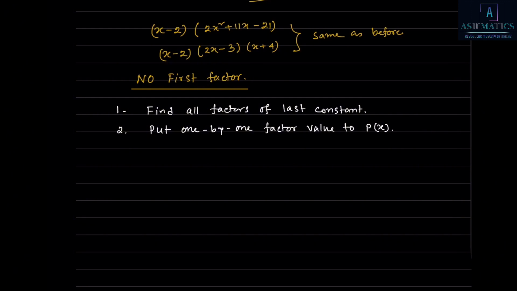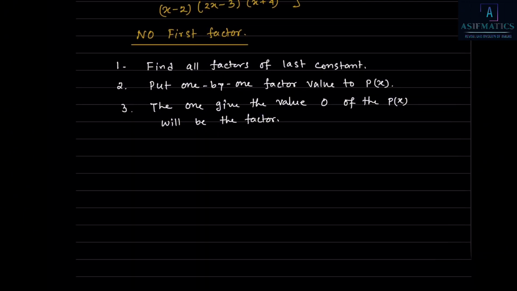The value that gives 0 for the polynomial p of x will be the factor. What does it mean? Okay, let's see one example, then the concept will be clearer.